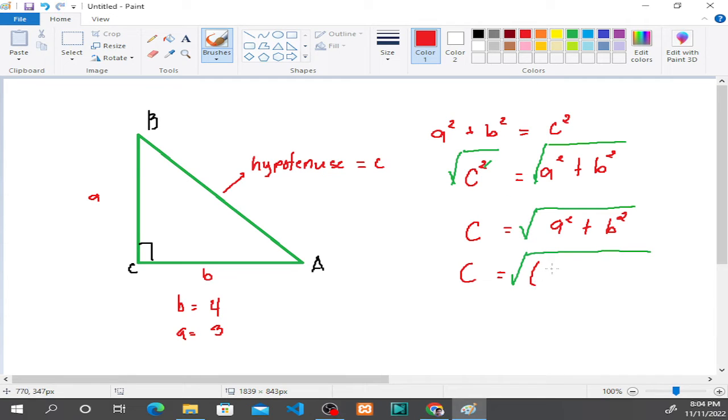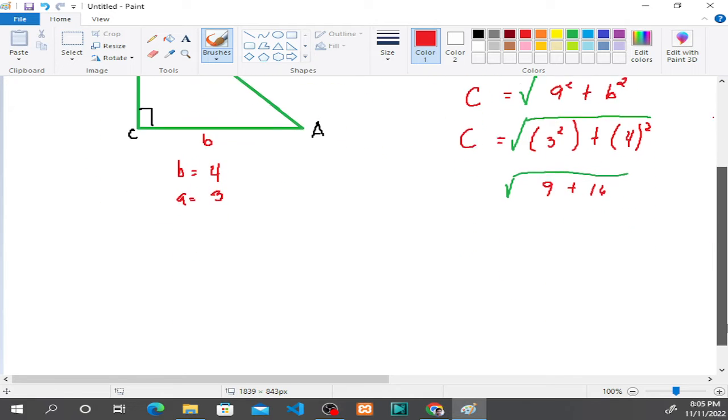The value of a is 3, so we write 3 here and raise that to the power of 2, plus b, which has a value of 4, raised to the power of 2. Then 3 squared is 9 plus 4 squared, which is 16.